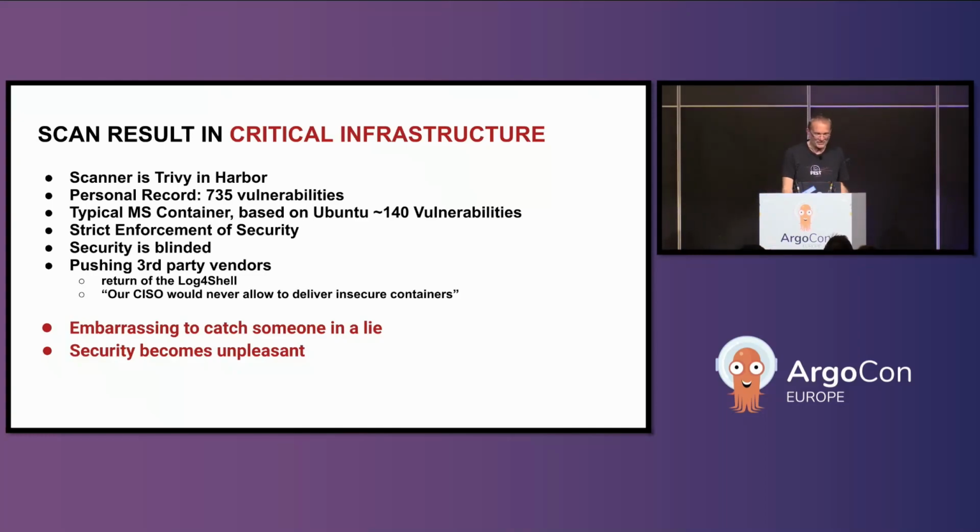What is your statement about this? It's sometimes even embarrassing, because third-party vendors are lying to you, and then security really becomes unpleasant. And this is not a problem I have. I can become unpleasant too if I see this kind of containers in production.